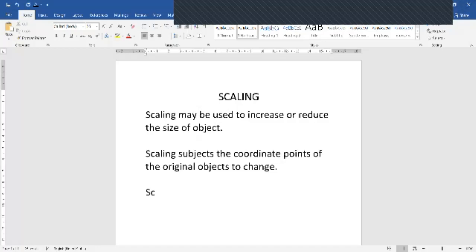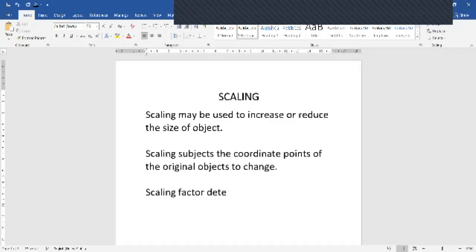The third point is the scaling factor. There is a scaling factor which decides whether the object size needs to be increased or decreased, and by how much.